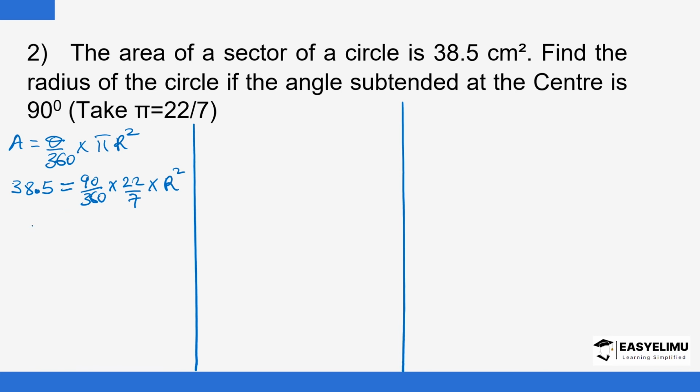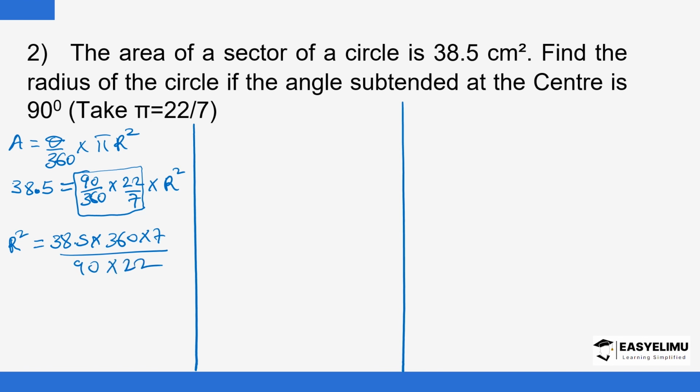So now, to find this r squared, I'll multiply the other side by the reciprocal of all this that is here. So I'll multiply the left-hand side of the equation by the reciprocal of this. So it means my r squared is going to be 38.5. You multiply by 360, you multiply by 7, and you divide by 90 times 22.